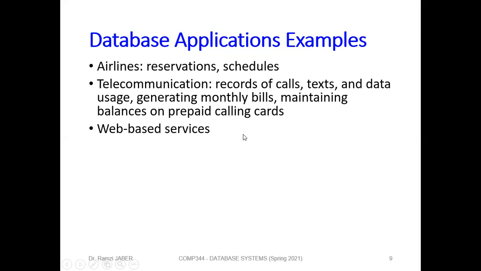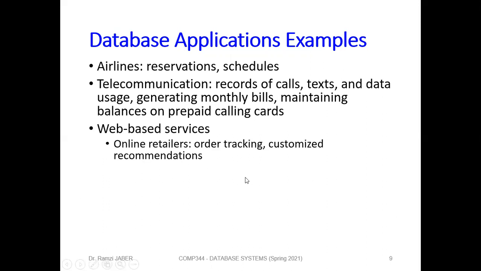Don't forget the web-based services. Now we have online retailers, order tracking, customized recommendations, online advertising, also e-commerce websites like Amazon.com, Alibaba.com, AliExpress.com, eBay, and so on and so on.